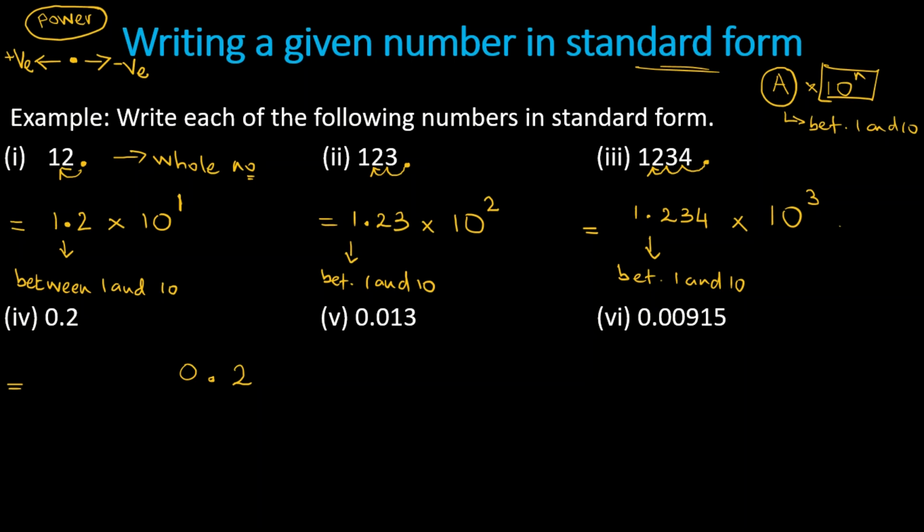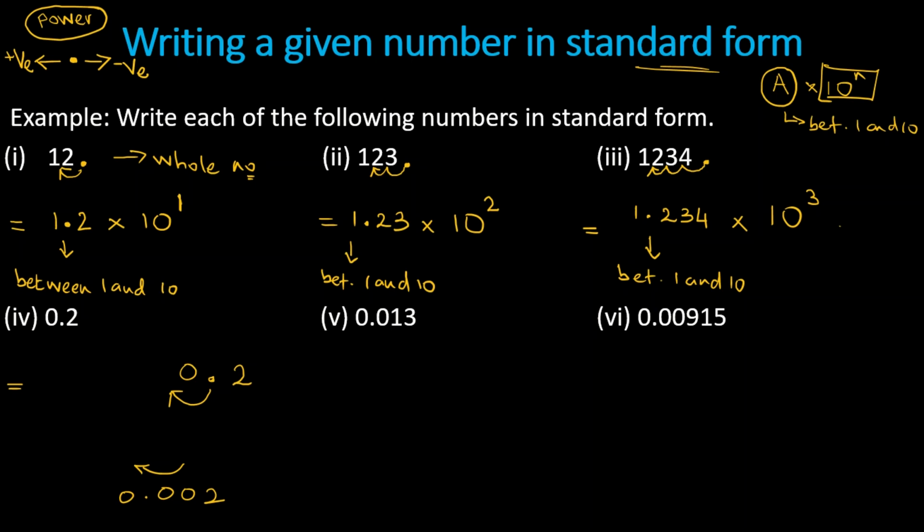Do we move the decimal to the left? If we move the decimal to the left, what will happen? Will the number be found between 1 and 10? No, the number will be 0.02 if we continue to move the decimal to the left. Still, the number won't reach between 1 and 10.